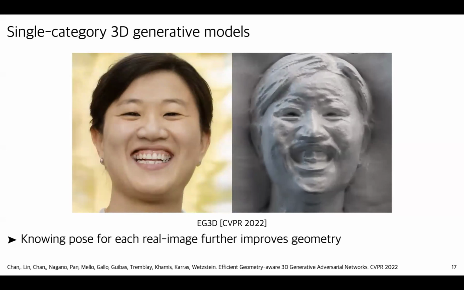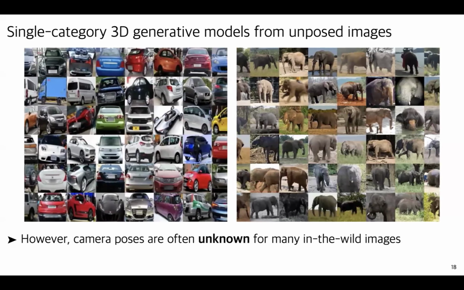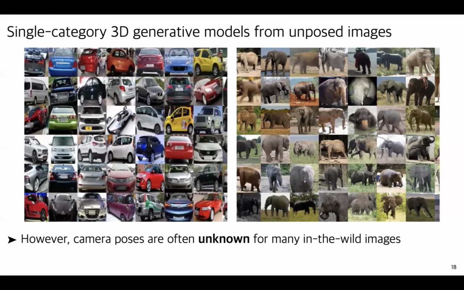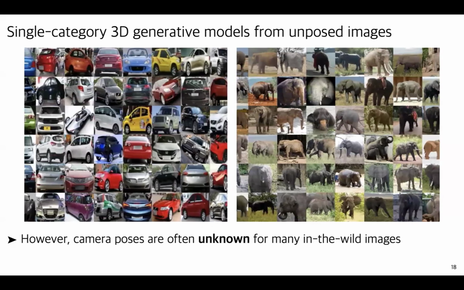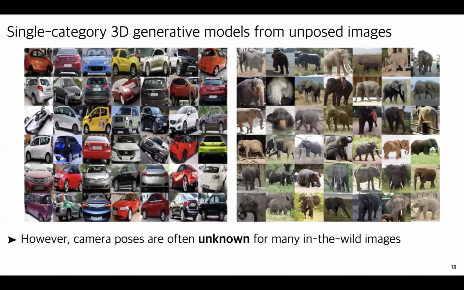And then we simply sample from this distribution to render the images. And that's why it even improves the geometry. But for in-the-wild data, it's just very hard to obtain or predefine a camera pose distribution for the 2D images. And in that case, what can we do?